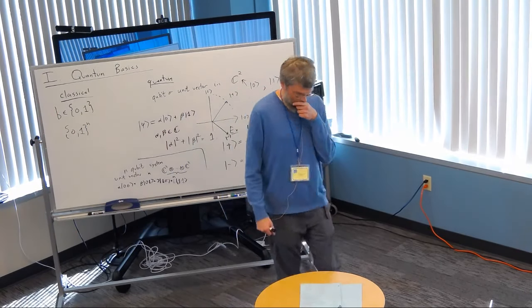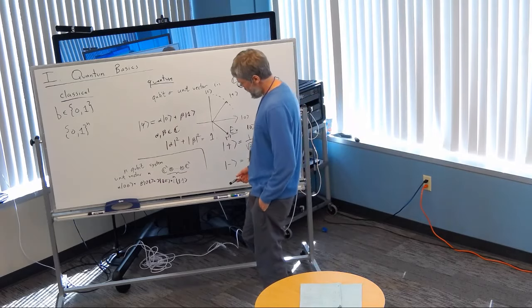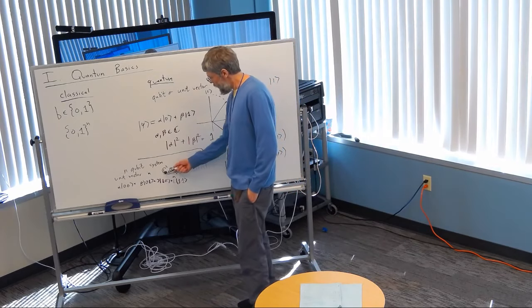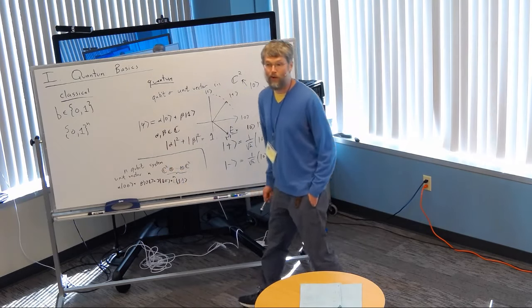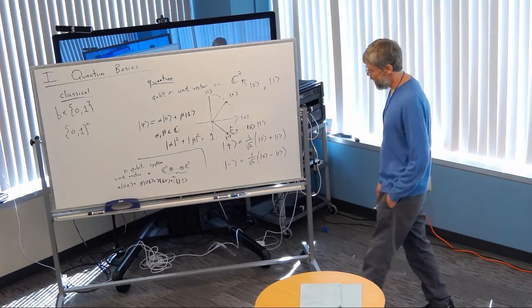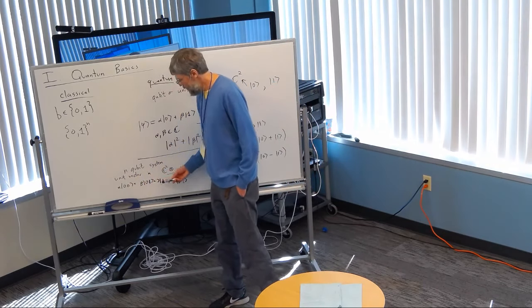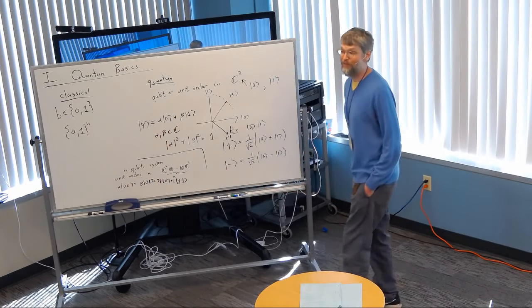So one thing that is apparent immediately is that, from the point of view of classical computing, this is an enormous amount of information. N qubits would be representable by 2 to the n complex numbers.